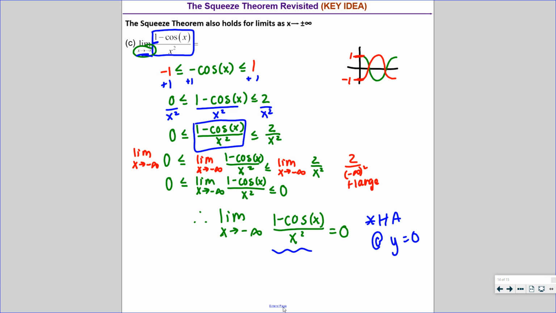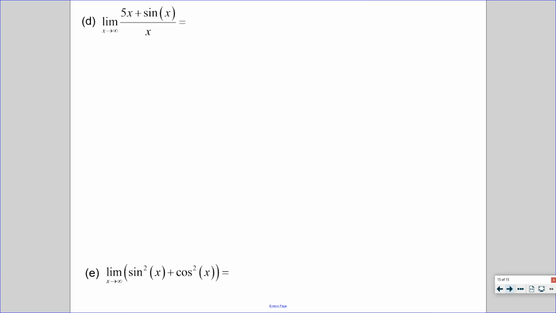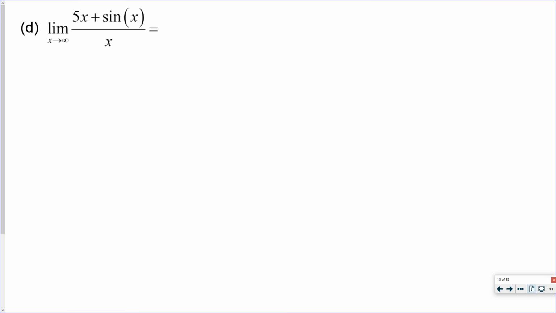Let's do one more squeeze theorem. Okay, so similar to the last one, I know sine, this piece of my function, is always in between -1 and 1, so that kind of gives me a starting point.